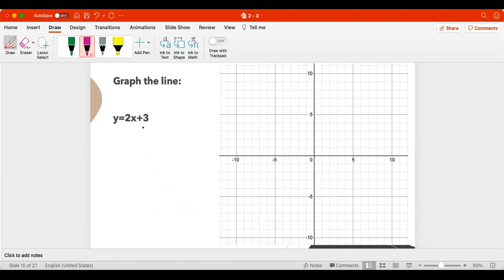So 2x plus 3, this is my y-intercept, 0, 3, and my slope is 2. So I'm going to make 1, 2, 3 right here. And then I'm going to go up 2 over 1. Up 2 over 1. I can also go down 2 over 1. Down 2 over 1, and so on.